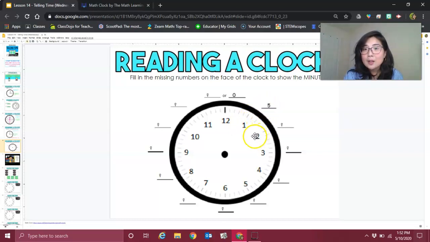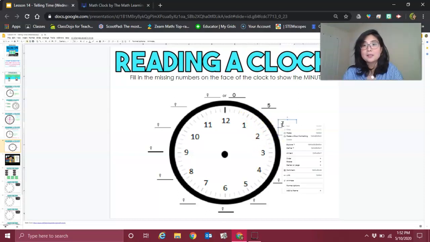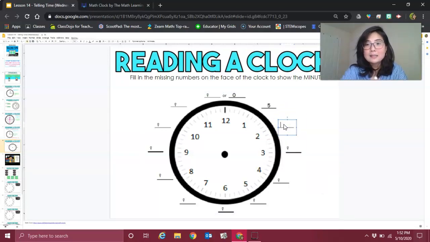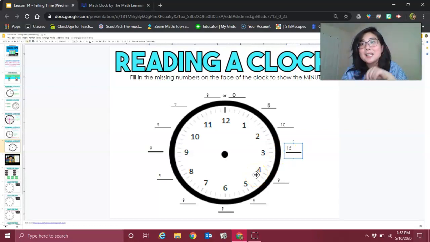And then the 2 represents the hour, but it also represents 10 minutes. The 3 also is an hour, but know that it also represents 15 minutes. So when we count the minutes or show the minutes, we are actually skip counting by 5s.